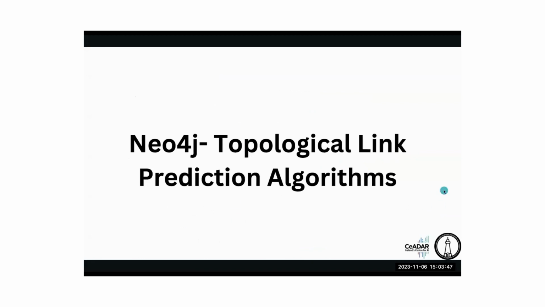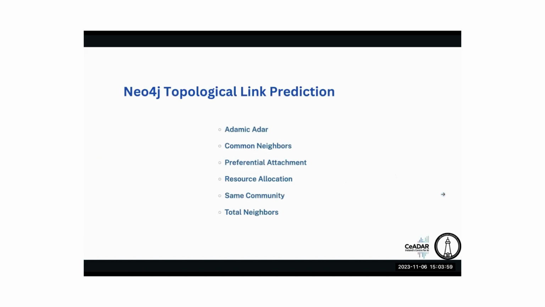Link prediction finds the closeness of each node and its neighbors. We discussed the different algorithms available in the Neo4j pipeline: Adamic-Adar, common neighbors, preferential attachment, resource allocation, same community, and total neighbors.